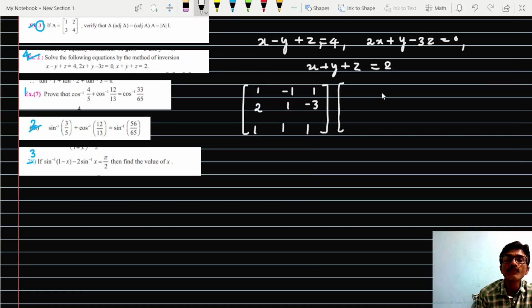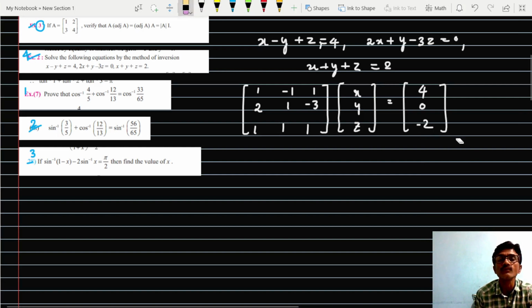Here x y z is a matrix of variables, and on the right hand side comes the matrix of constants. What are the constants on the right hand side? 4 0 and 2.